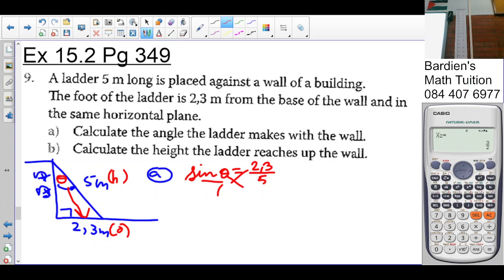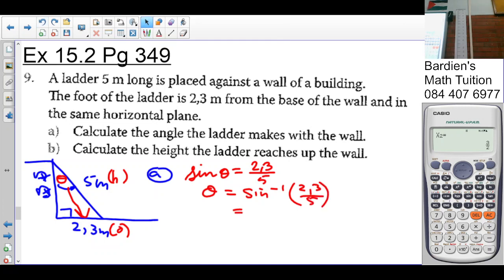Cross multiply, so it's going to be 5 sine theta equals 2.3. What are we working out here? We're working out the angle. So we could have gone straight into arc sine. So theta is equal to arc sine of 2.3 over 5.